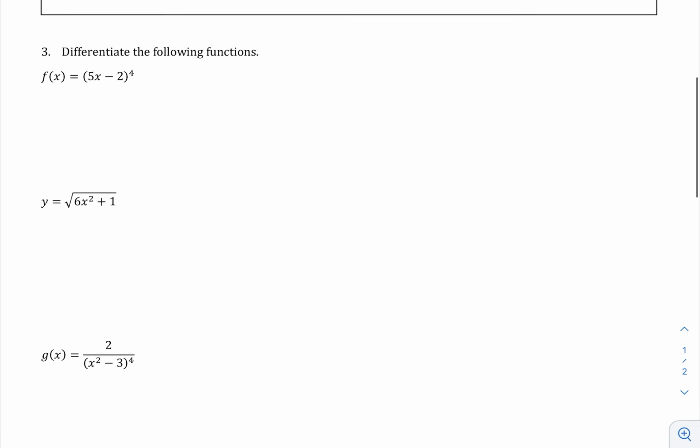We want to differentiate f of x is equal to 5x minus 2 to the 4th. The first thing you need to do is think about what is the inside function. So the inside part, the u, is going to be the 5x minus 2. That means that f of x is equal to u to the 4th. That's a function that we're used to taking the derivative of.